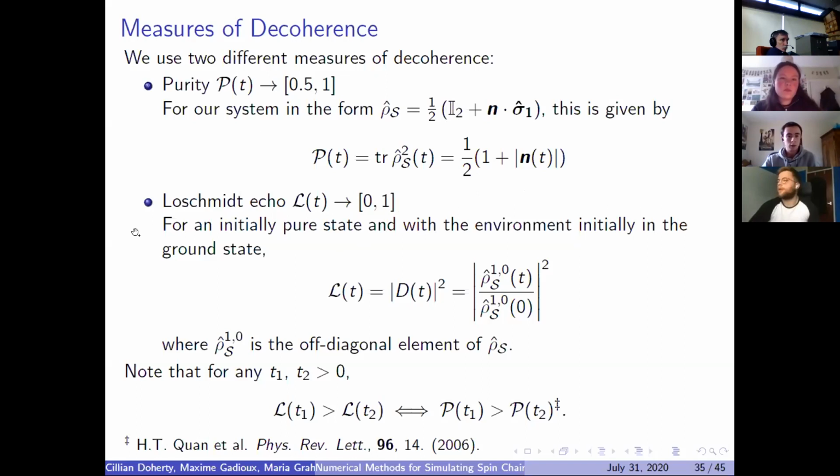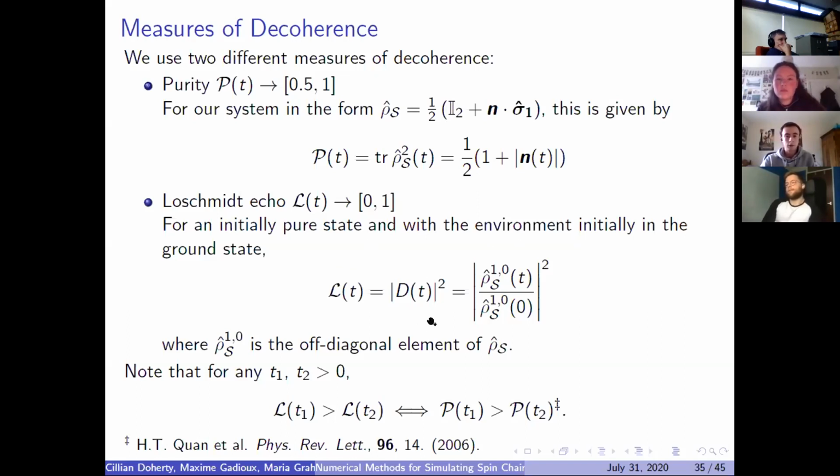And in the case we're going to use this measure for, the initial state is going to be pure, and the environment is going to be in the ground state, which means beta, the universe temperature, is infinite. So in our case, we used 1000, and you'll see that this doesn't really pose any problems later on.